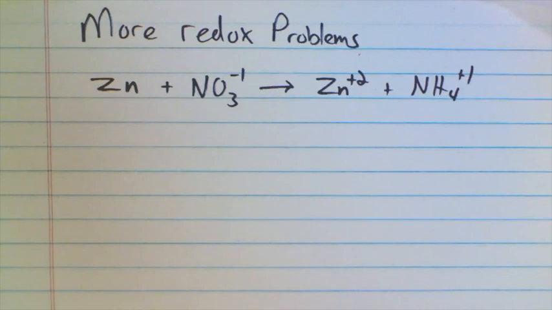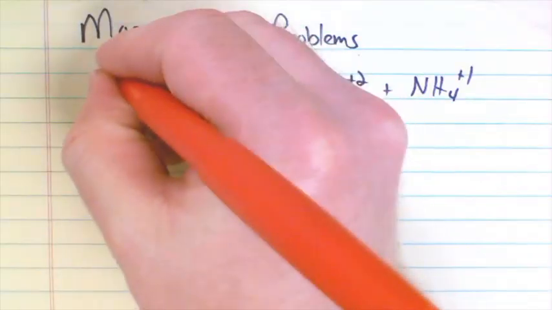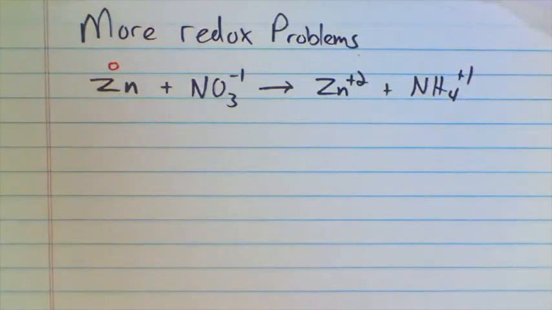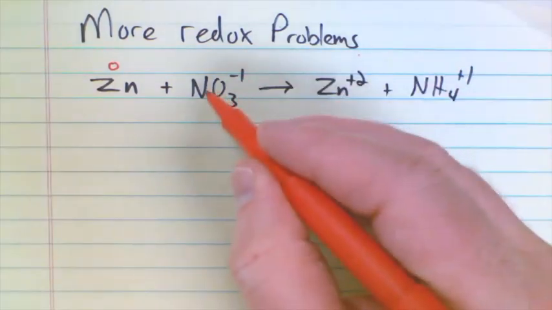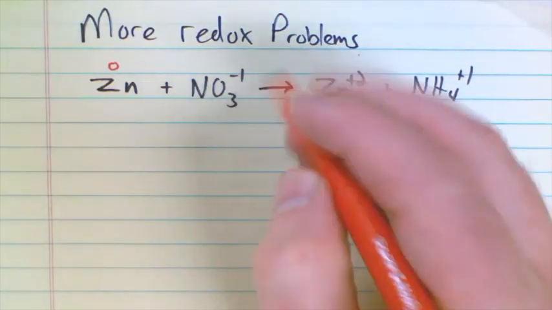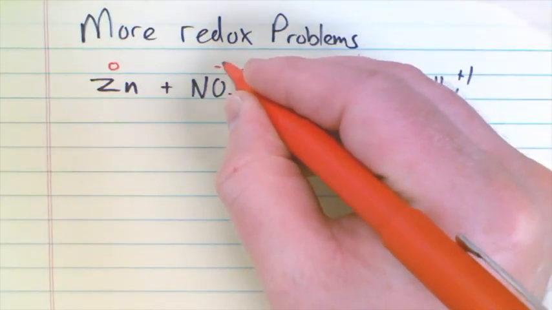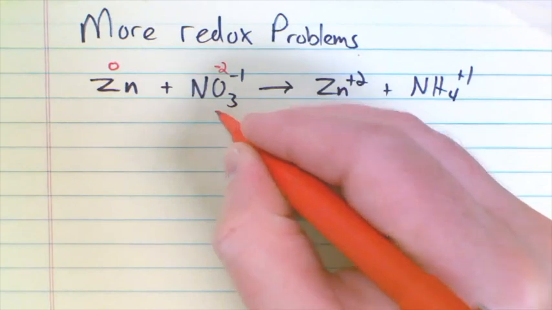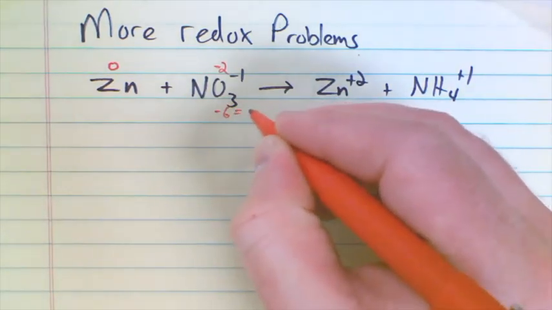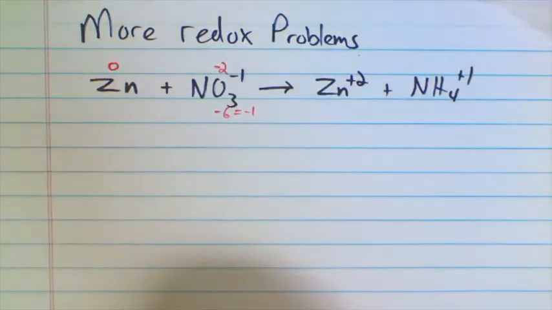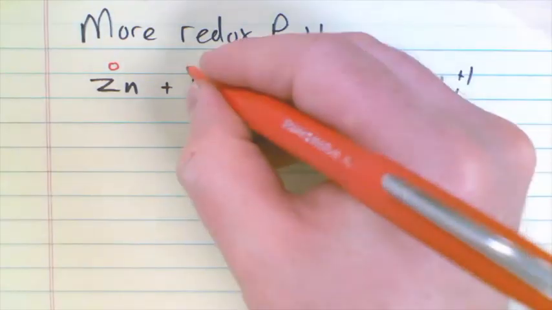So what's zinc going to be? Yep, 0. Then what's going to go on in this one here? Oxygen is -2, so a grand total of -6. So what's nitrogen got to be here? +5.